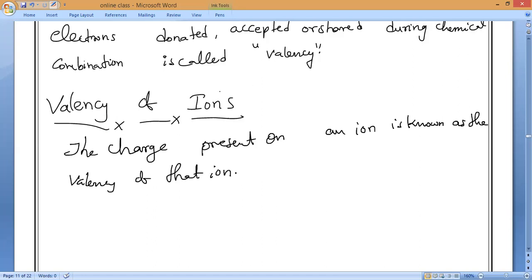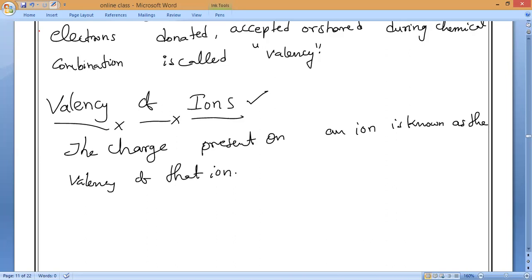Now, the importance of this you will understand in class 10th chapter 3, metals and non-metals, as well as chapter 4, carbon and its compounds. By the time these concepts come, you will get the importance of this while drawing the structures in non-metals, metals and non-metals.